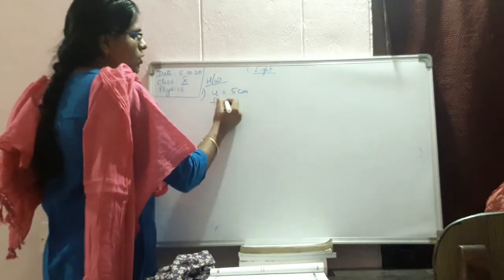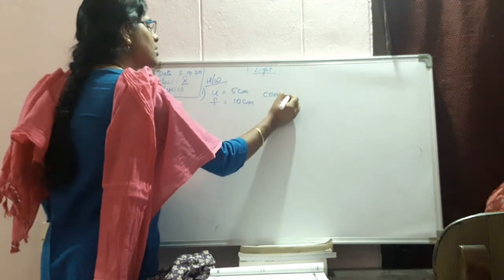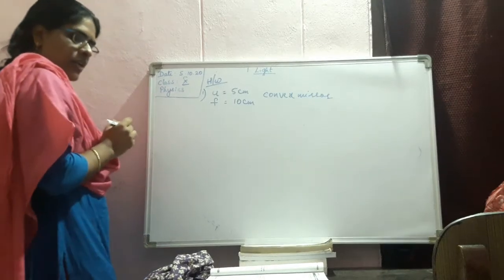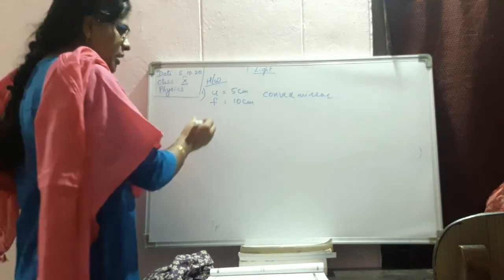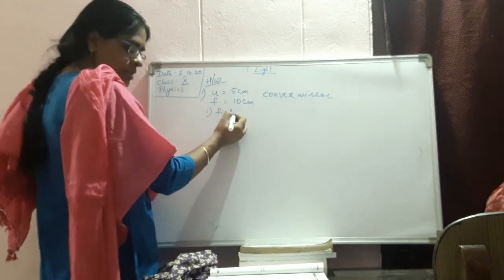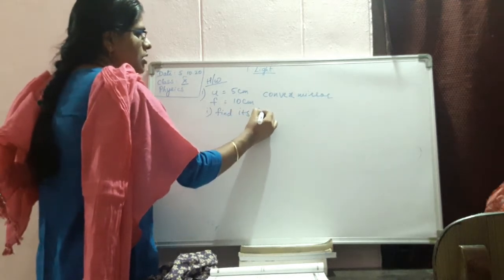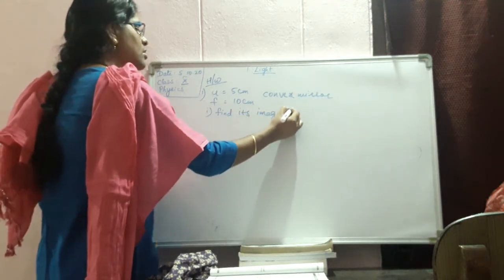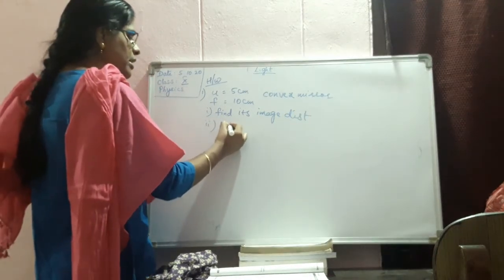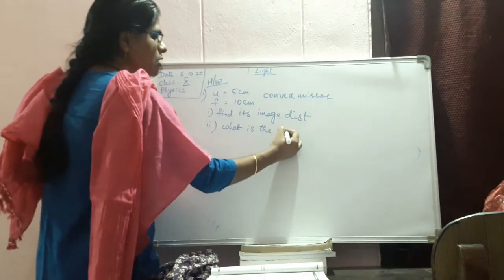If its focal length is 10 centimeters, it's a convex mirror, okay? If its focal length is 10 centimeters, then find its image distance. Second bit, what is the magnification?